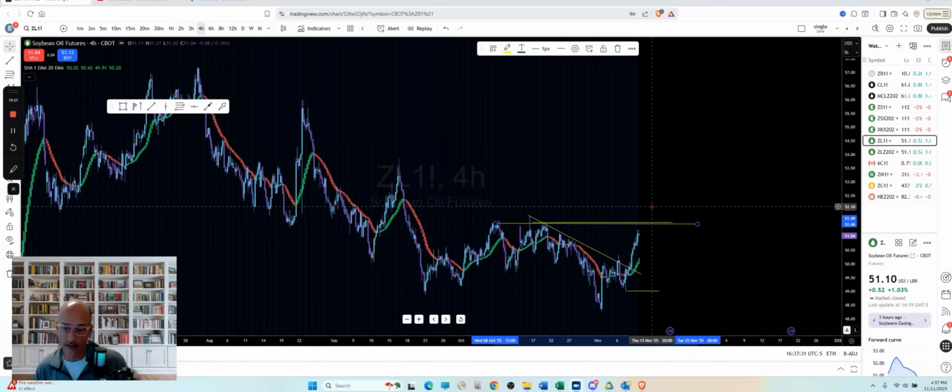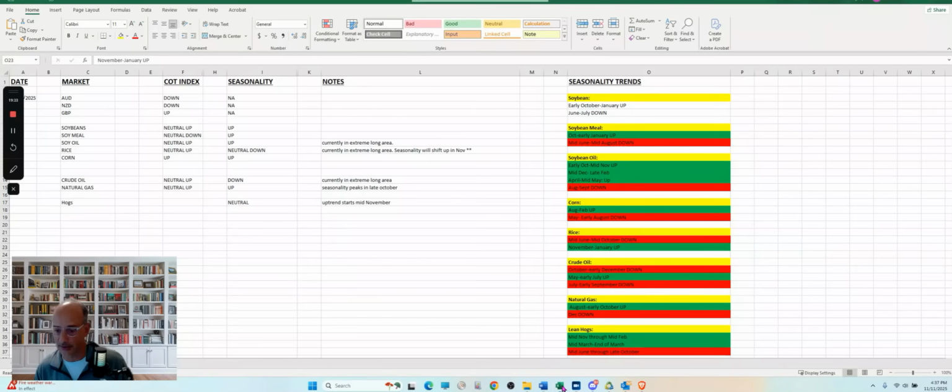And again, we don't quite have seasonality on our side with soybean oil, but we're a little bit early. But we'll see. Again, seasonality is nice to have, but it's not a need to have. And hopefully we'll get COT data back and see where the big traders are.